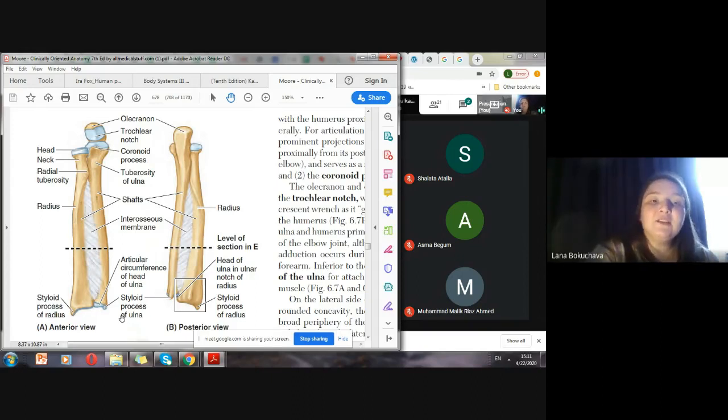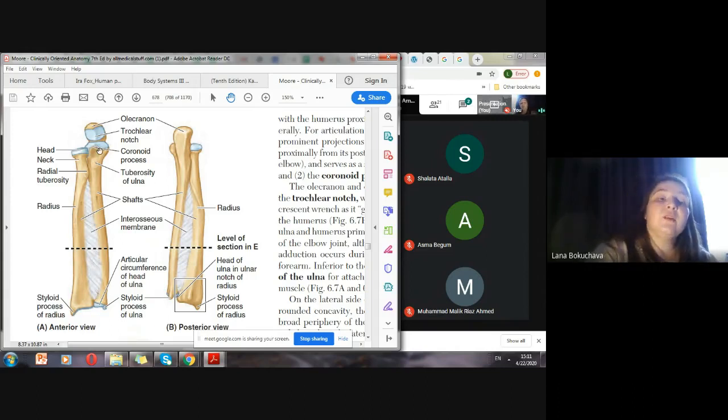Let's talk a little bit more about the proximal end. In the case of the proximal end, you remember the ulna had this olecranon, the projection with a trochlear notch, as well as the coronoid process, also covered by cartilage.